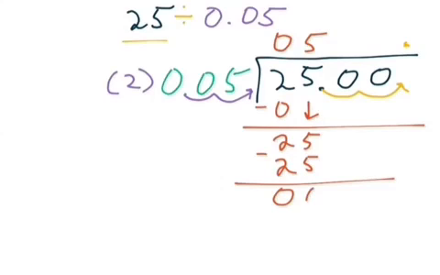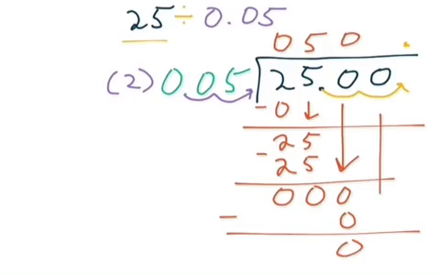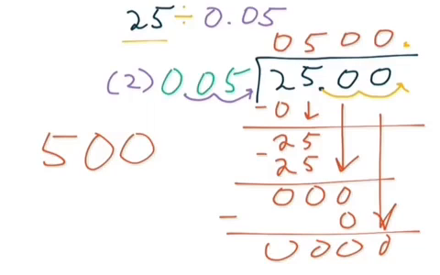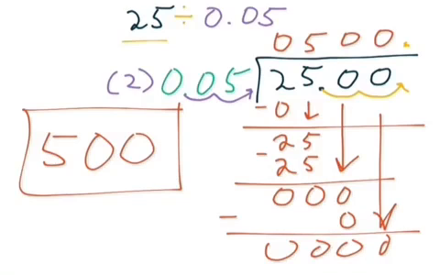I get 0 and 0, and then this is going to be a matter of filling in zeros. 5 goes into 0 0 times. I get 0. Bring down another 0. These can be zeros too. And the answer is going to be 500. So how many times does 0.05 go into 25? It goes in 500 times, making sure we moved our decimal point the right number of places.